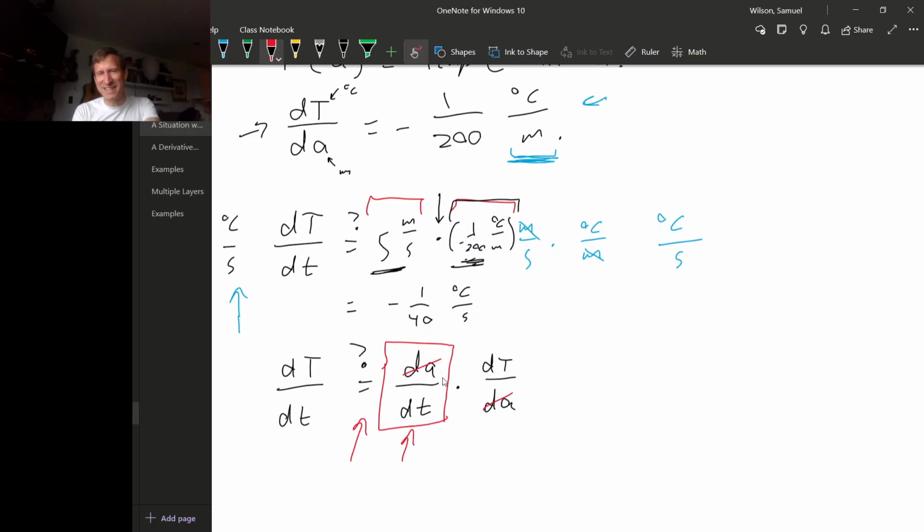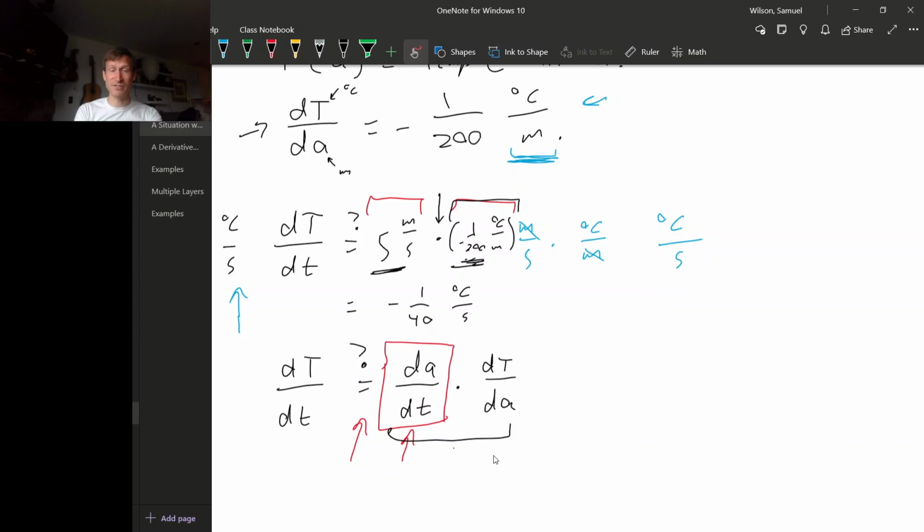It doesn't make sense to cancel a piece of the symbols. So what I'm saying is this notation makes this guess of a derivative rule seem correct. It's not a proof that it is correct, but at least it makes it seem correct.